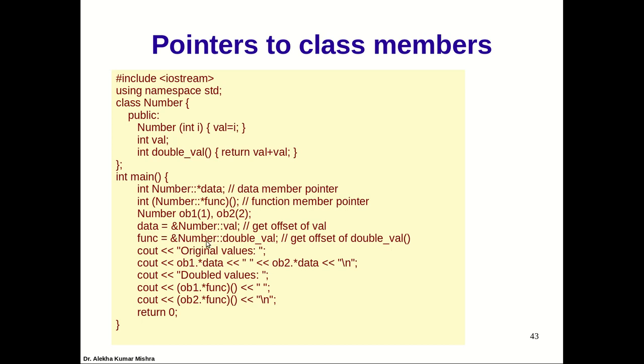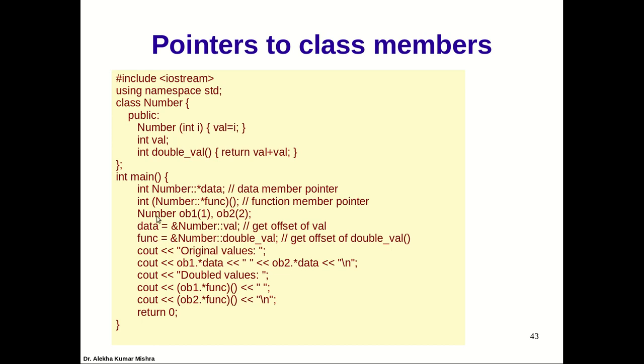The val. Val could be of object 1 or object 2, that we have not shown at this moment. First we are declaring, second we are associating, because they are not normal pointers, they are pointers to class members. So this offset association is done right here.